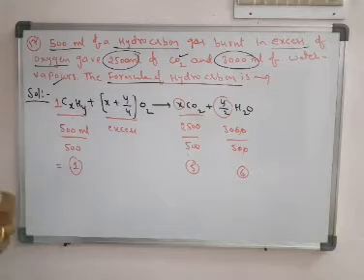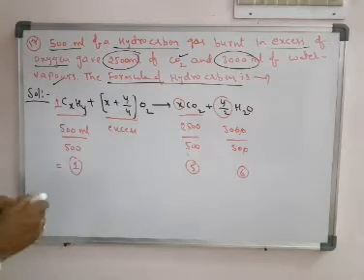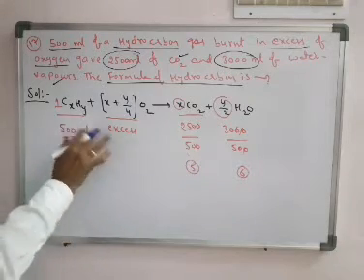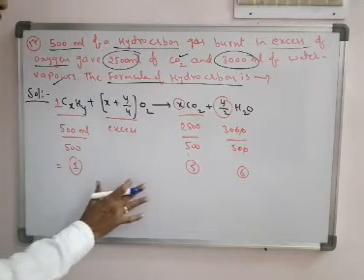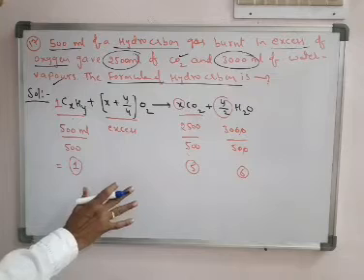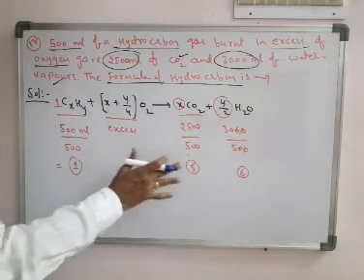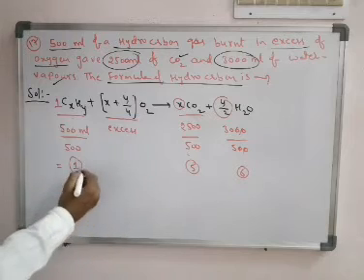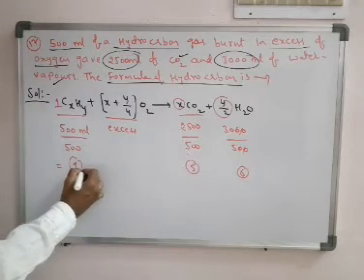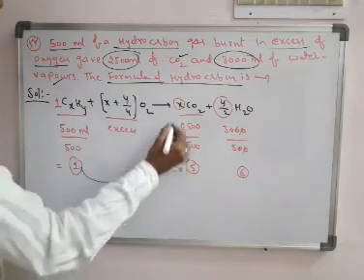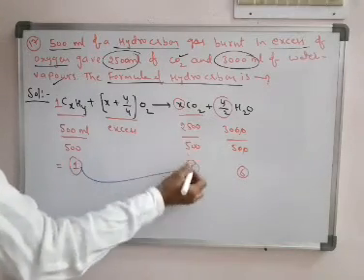So compare all three numbers. Here I am taking milliliters as moles because all the reactants and products are at the same conditions. So 1 means x equals 5.